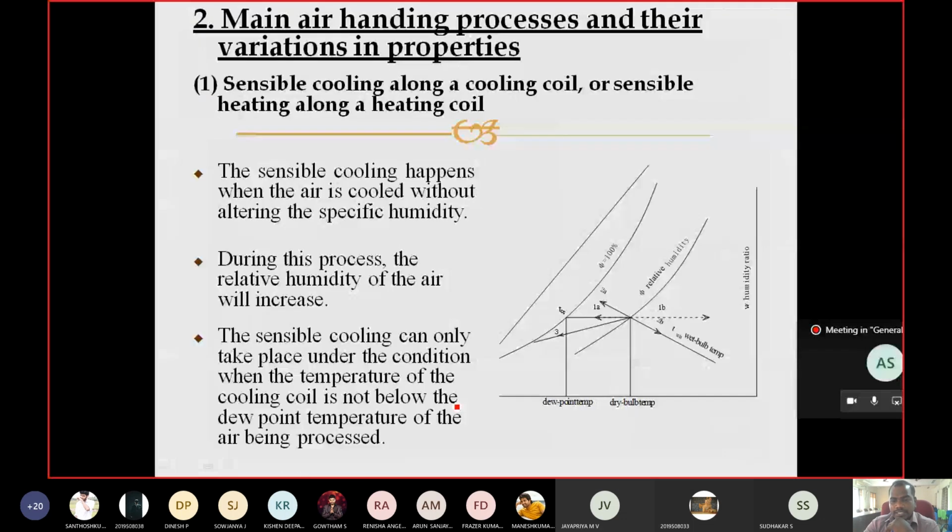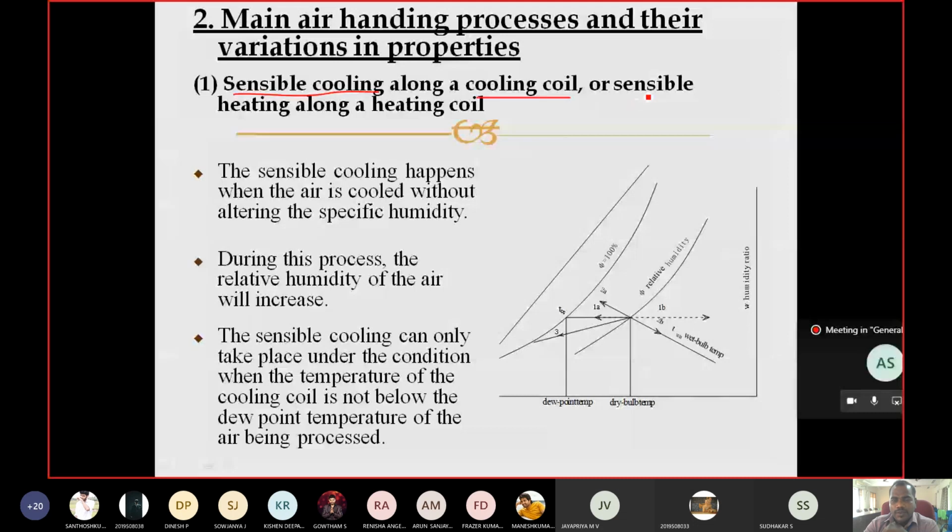Then the main air handling processes and the variation in air properties. There is sensible cooling along with the cooling coil, and sensible heating with the heating coil. From the name itself, we can identify sensible cooling along with the cooling coil. If the atmospheric air is passed through the cooling coil, we get sensible cooling.